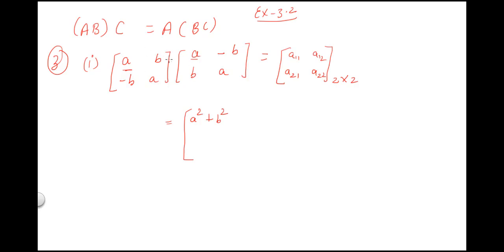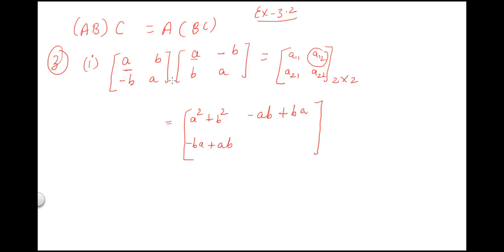Now first row with second column because it is A12. So in the first row, the first element is A, and in the second column it is minus B. We get minus of AB, plus BA. Then A21, second row, first column: minus of BA plus AB.